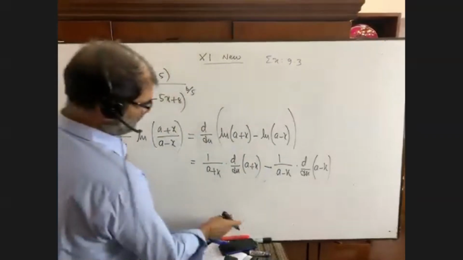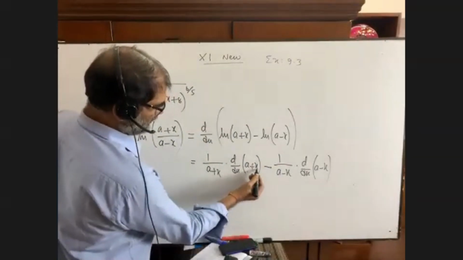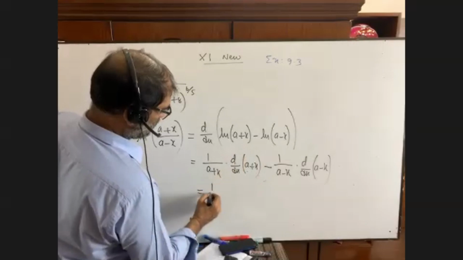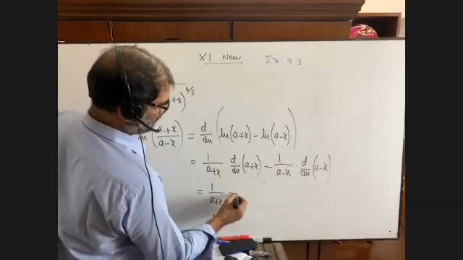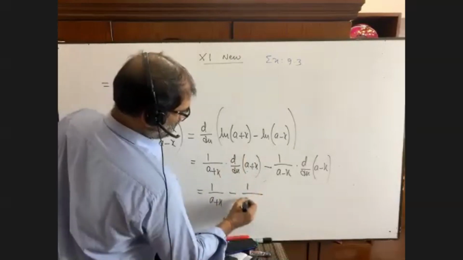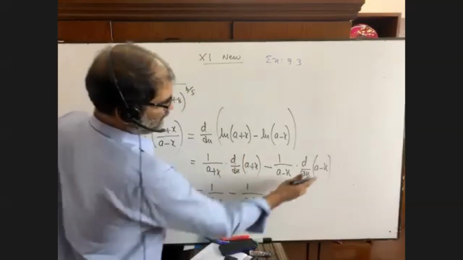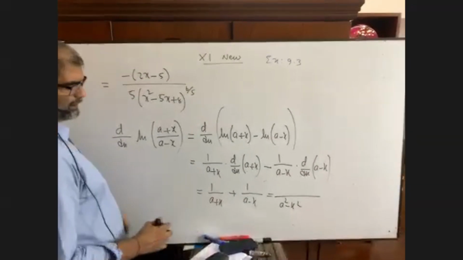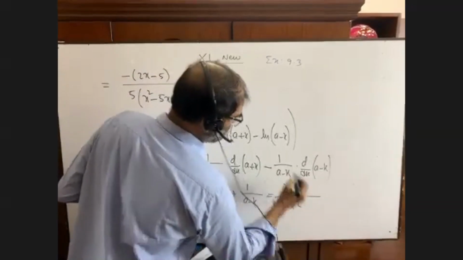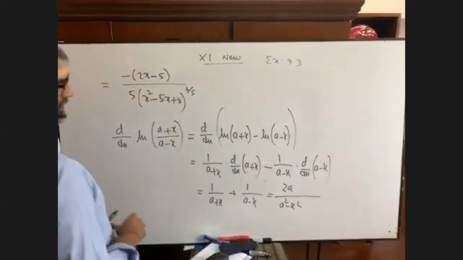Now you see, it is a 0, it is x 1. So we are getting the same result here, a plus x. You see, it is minus a minus x. It is a 0, it is x. So we are getting a minus x, that is, it is 2a. We have this as answer. Very simple.